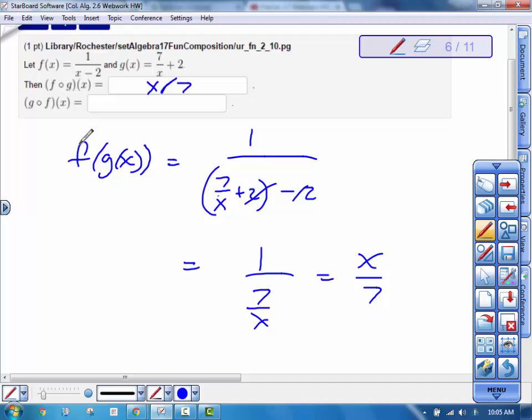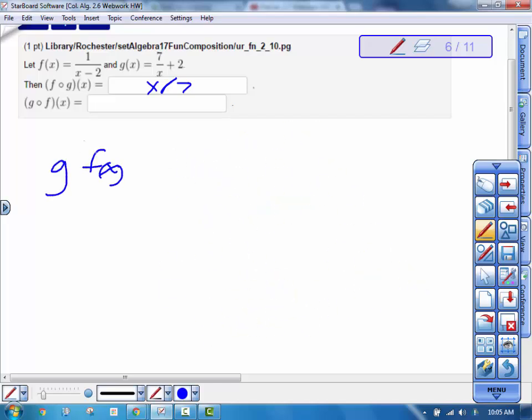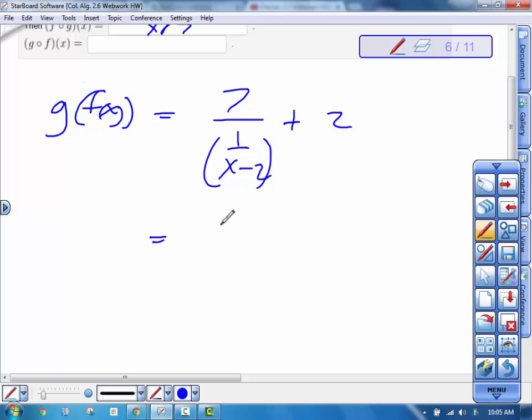And then you need to go back through and do it again, but this time with g of f of x. So I'm going to take function f and plug it in for where there's an x in function g. Put it in parentheses. So there's function f plugged in for that x. I can simplify because dividing by a fraction is the same as multiplying by the reciprocal.